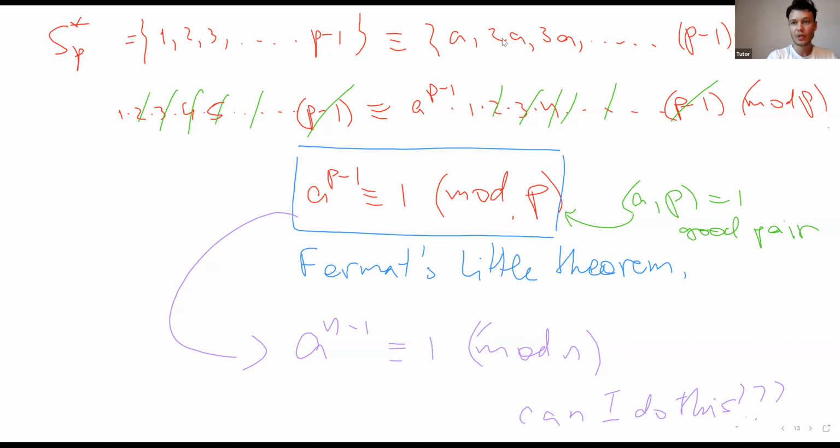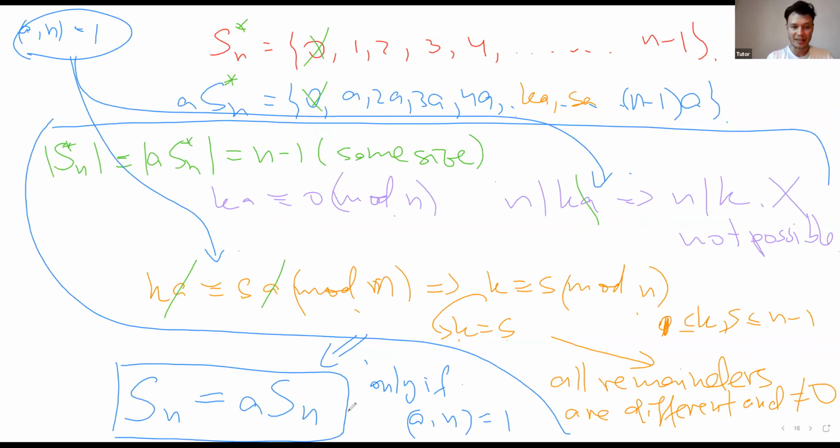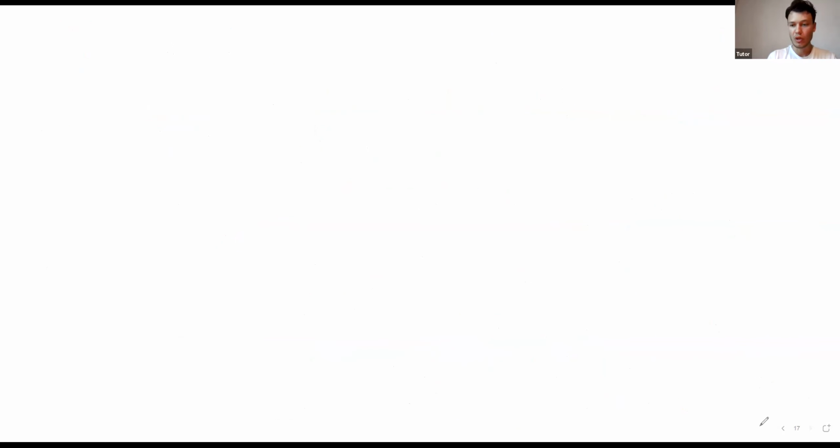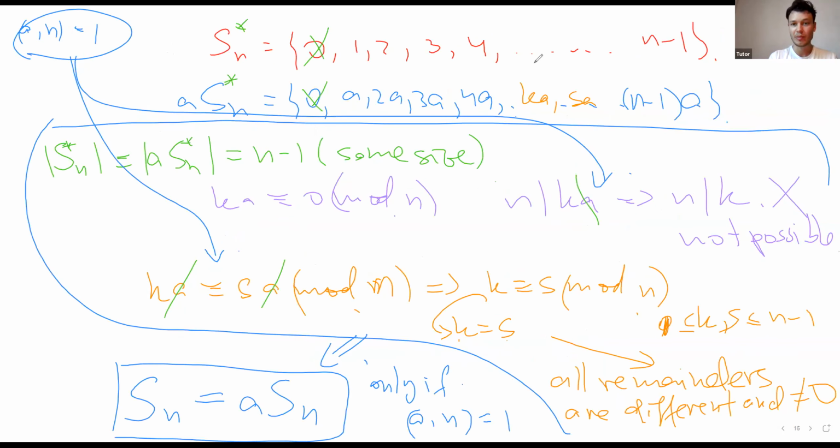So let's write basically the same stuff again. What did I get? I got that this set Sn is the same as the set ASn. So these two sets are the same. If I multiply all the numbers in here and all the numbers in here, I should get back the same thing. So if I look at the set Sn star, because I don't want to use the 0, I use 1, 2, 3, 4, all the way until n minus 1.